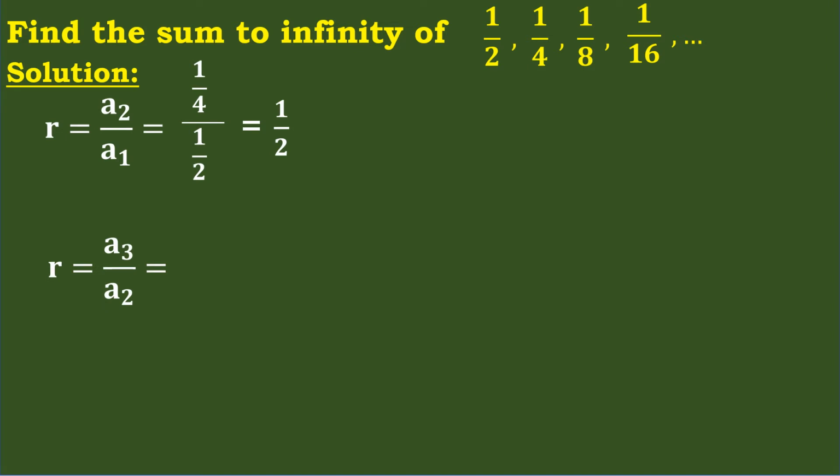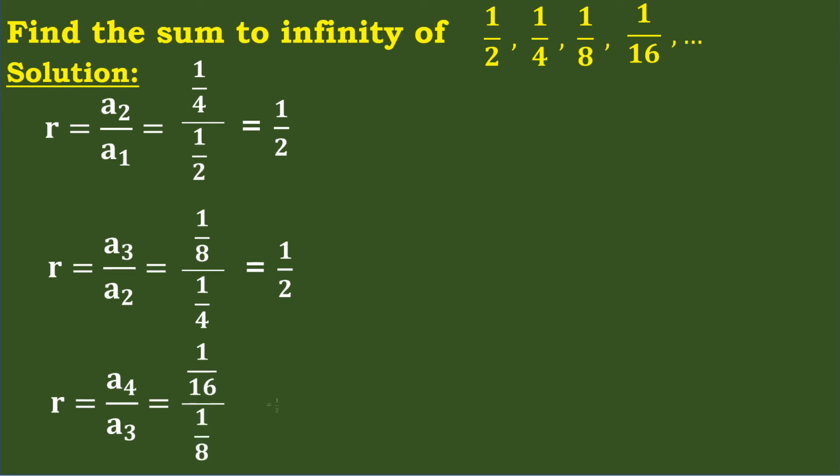Then get the common ratio of the third term to the second term. 1/8 divided by 1/4 equals 1/2. Get the common ratio of the fourth term to the third term. 1/16 divided by 1/8 equals 1/2.